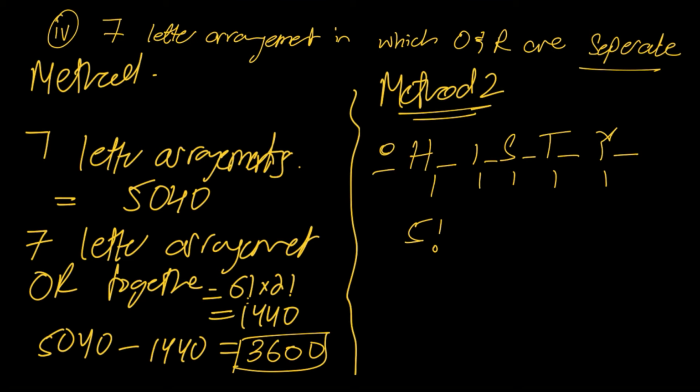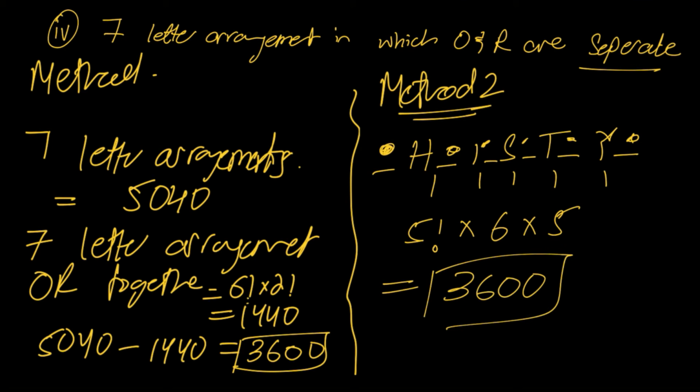If we place one letter over here and one letter over here, then these both will be separate, or any other combination of these 2 letters will make O and R separate. As there are 6 places, the first letter can go in any of the 6 places and the other letter can go in any of the 5 other places. That will also give us 3600, confirming that O and R separate have 3600 combinations.